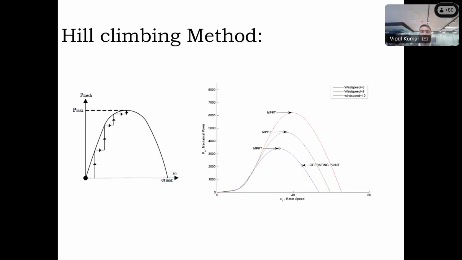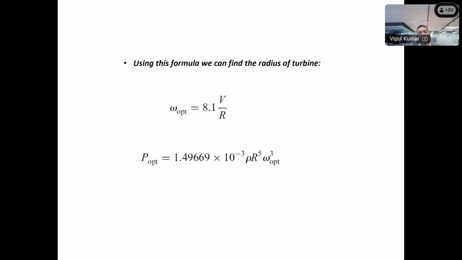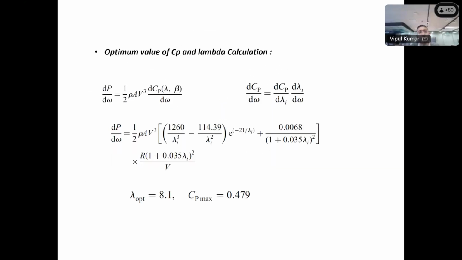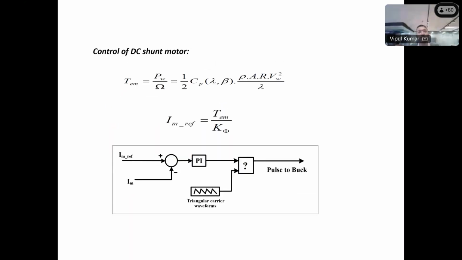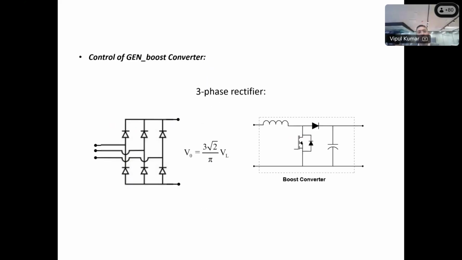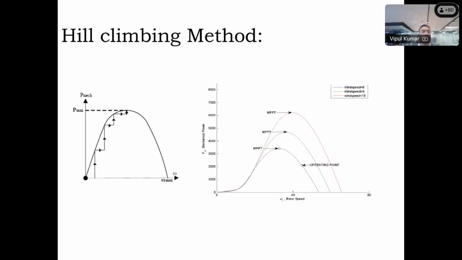The method used is the hill climbing method. We have used Cp because we get a constant Cp value and we always want to maintain it, so to achieve the maximum power we use hill climbing.